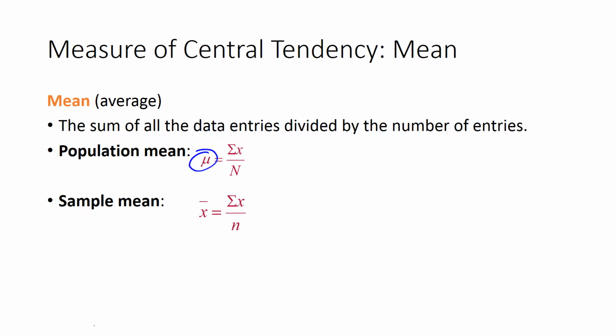This mu here, a Greek letter, is the population mean, whereas the x with the line on top, usually called x bar, is the sample mean. So this refers to a parameter, and this one is a statistic. The difference between these two notations is actually going to be very important for the rest of the course.